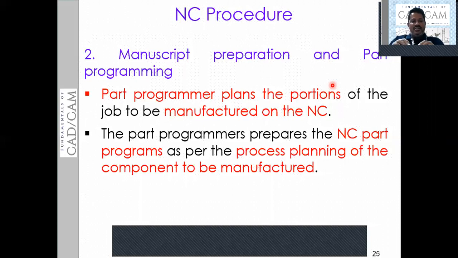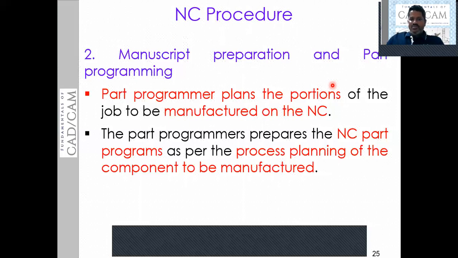Directly we cannot write the program, we cannot go for punching the tape or preparing the tape for the part program. So before writing the actual program, a rough program needs to be written on the script, or documented on paper. That is called the manuscript for part programming preparation.